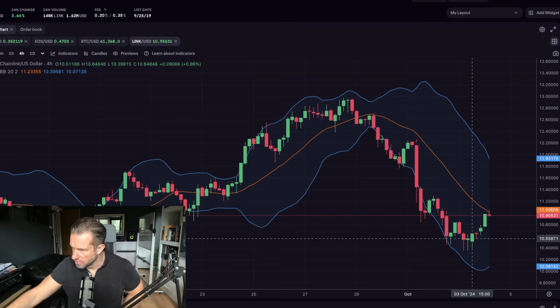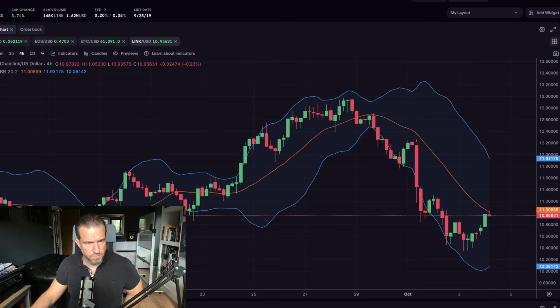So I've got rule number 1 covered, I've got rule number 2 covered, and rule number 3 not quite yet. If we see a close above this orange line, then I will go in with a buy.